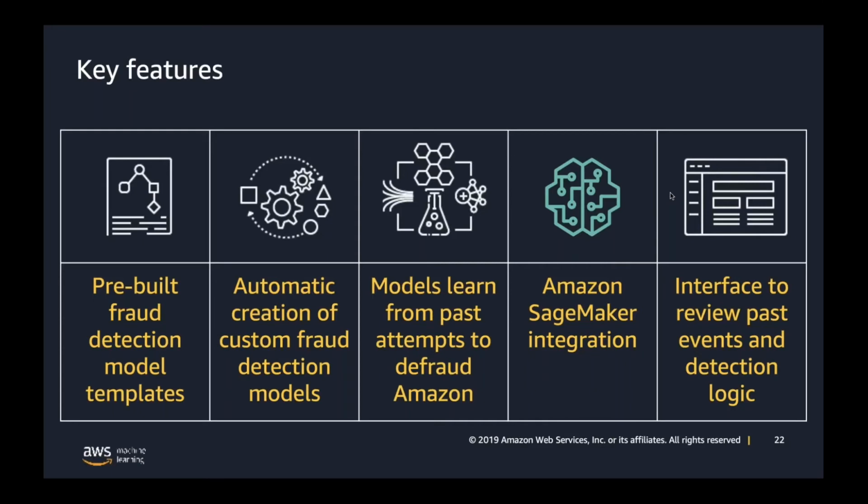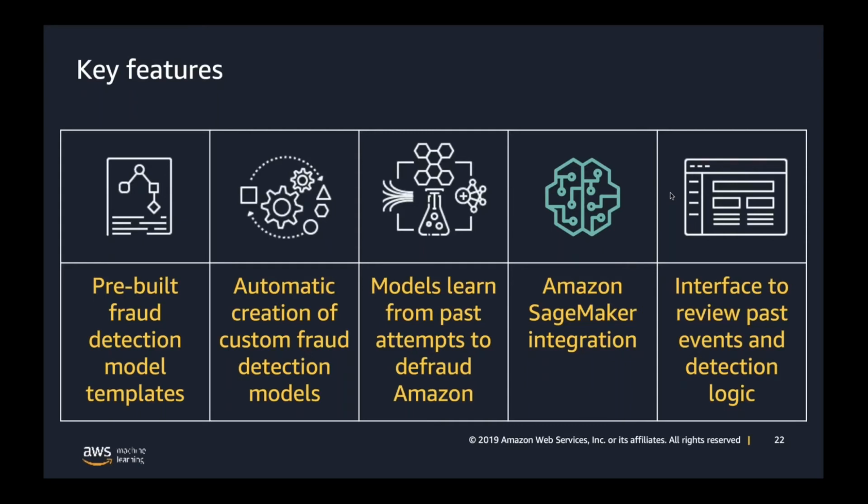If you are familiar with machine learning, this is a process called transfer learning, where we already have those previous machine learning models that detect fraud and legitimate actions. And then from there, we use your data to make that better. It also gives you the automatic creation of those detection models, like we spoke about before. A lot of that heavy lifting is automatically done for you. Again, it learns from past attempts that we've seen here at Amazon.com.